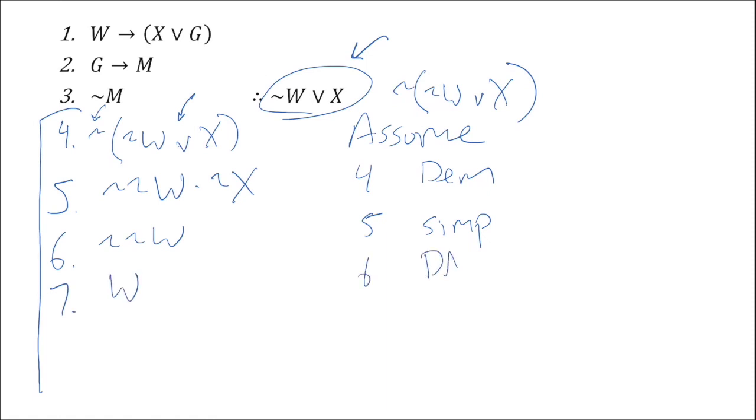Let's do that through double negation. Now once we've got... No, wait. Did I want W? Oh yes, now that we've got W, we can come up here and get X v G from 1, 7 modus ponens.